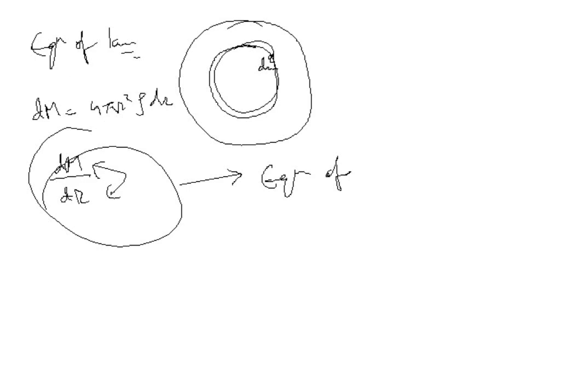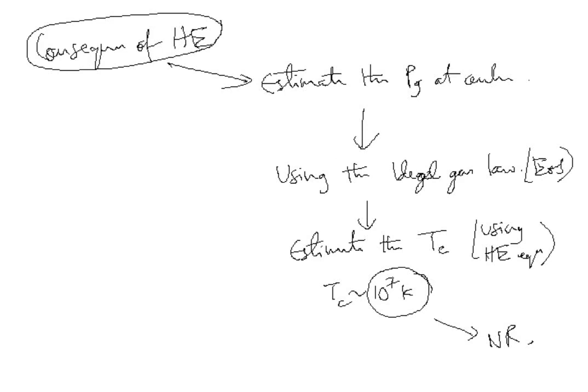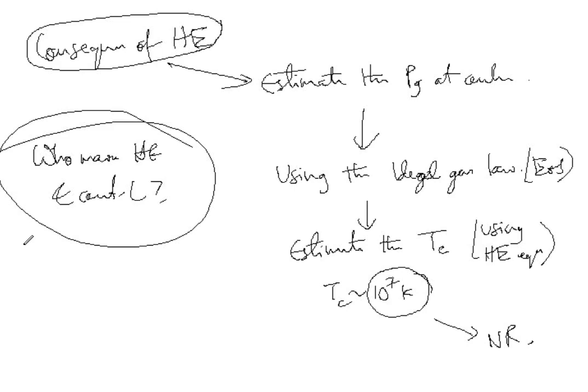So again, let me come back to this old question of who is maintaining this hydrostatic equilibrium? Who maintains hydrostatic equilibrium and constant luminosity? Again, who is the one? And the answer is, the source of the energy is the nuclear fusion.